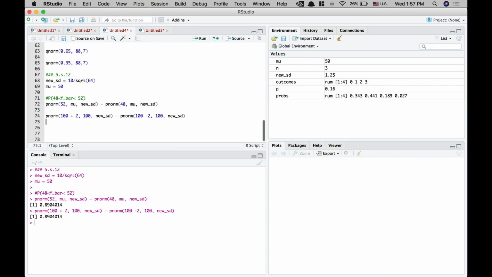So if we run this line of code, it will give you 0.8904, which is exactly the same as part A, because if you look closely at these two cases and compare them, we did not change the standard deviation. We just shifted the location from point A to point B. That does not change anything.